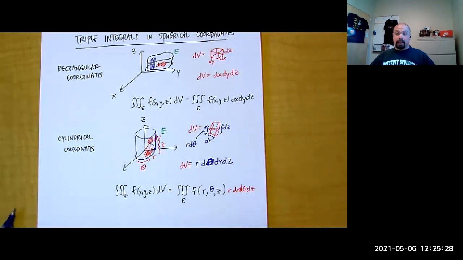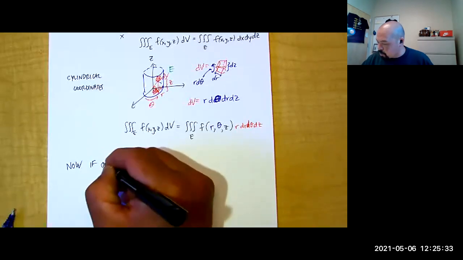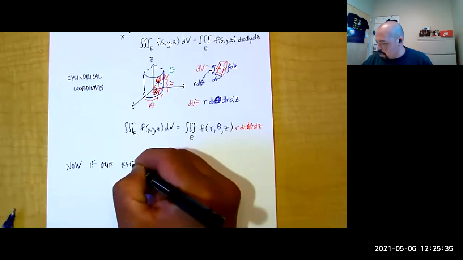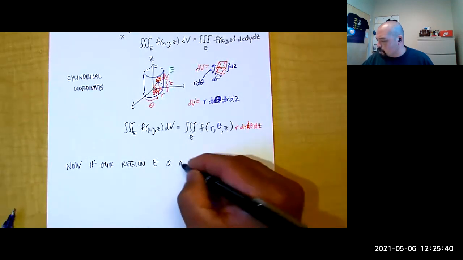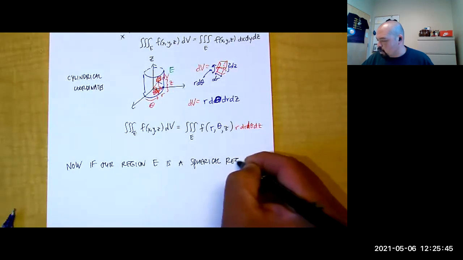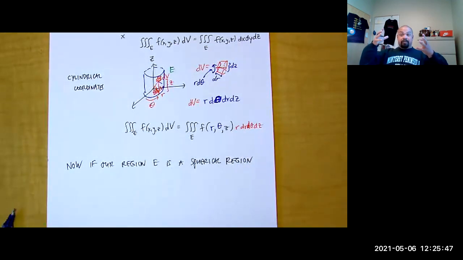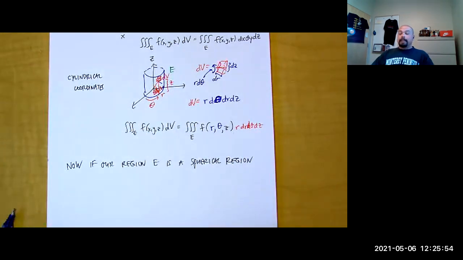So now what we're going to discuss is if our region E is a spherical region, so we're enclosing some space inside of a sphere precisely. The same way that this arc is easier to manage in polar, with r's and thetas, a sphere is going to work better with these spherical coordinates we'll talk about.